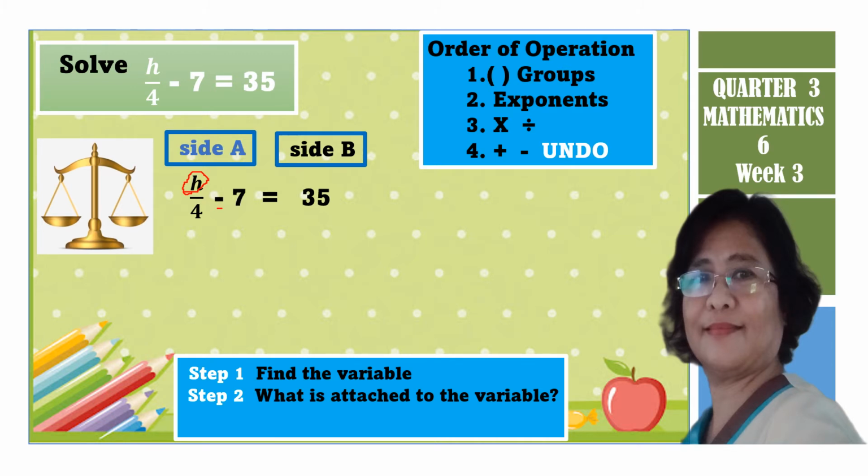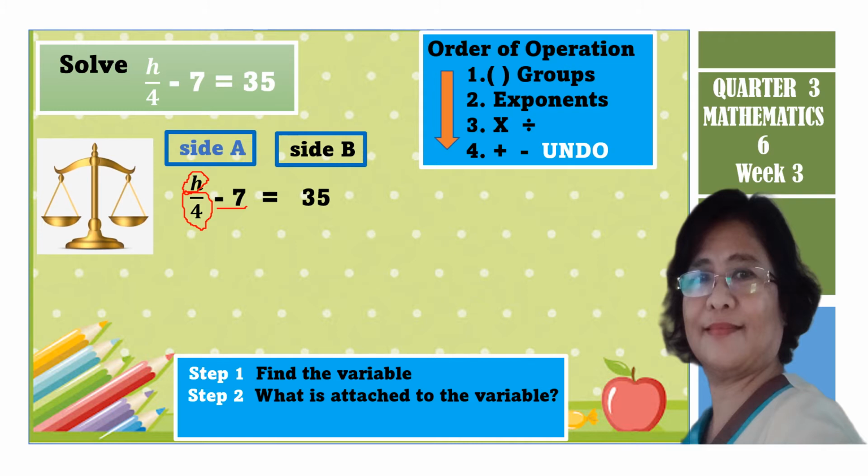So, meron tayong dalawang operation na naka-attach sa variable. Meron tayong minus 7 at saka yung divided by 4. So, dalawa. Para natin ma-solve itong equation na ito, kailangan natin to undo the order of operation. Ano nga yung order of operation nating rule? We have 4 rule steps natin.